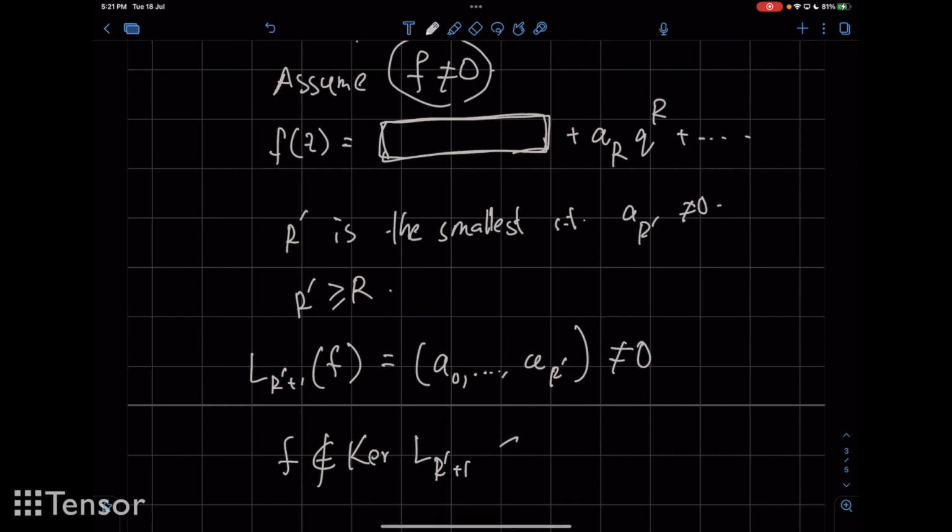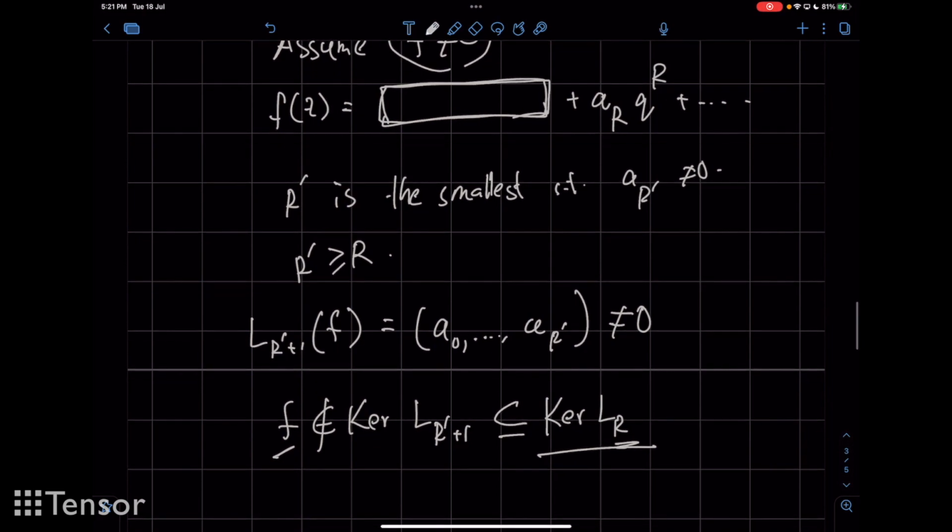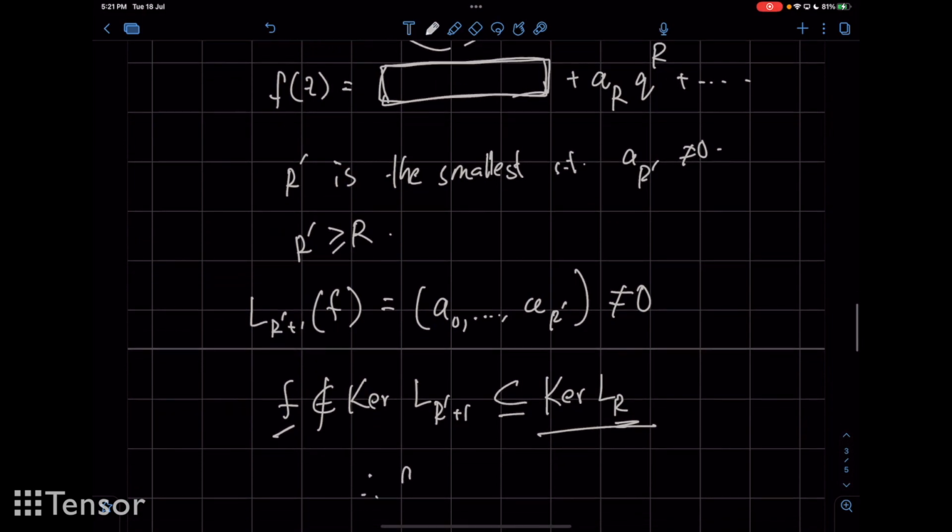But we know that this is a subspace of the kernel of L_r, since r' is at least r. So this is a contradiction because f is in the kernel of L_r. Therefore f must be 0. So we have proved that if the first r coefficients are 0, then the modular form is 0.